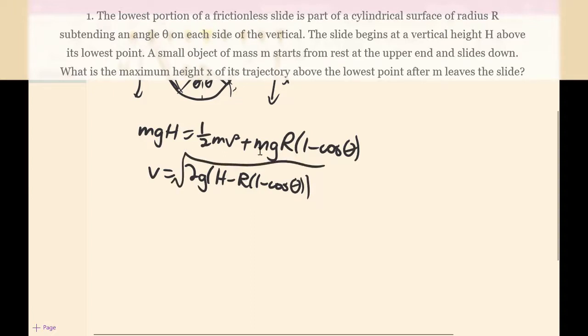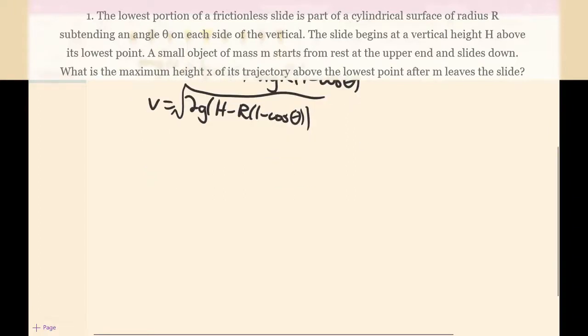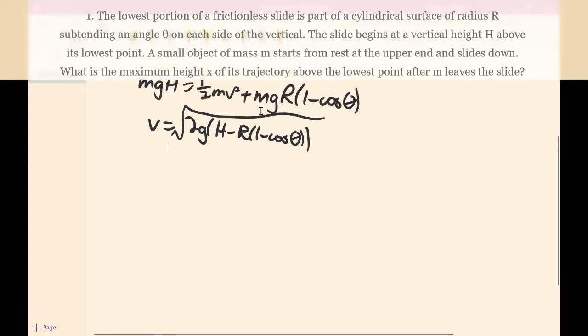Actually, we didn't need to find v, because our next step also relies on conservation of energy. We really only need v squared. We use conservation of energy again to find the height x. But the important part is that we only take the vertical component, since there's no force on the horizontal component, so it doesn't factor in.